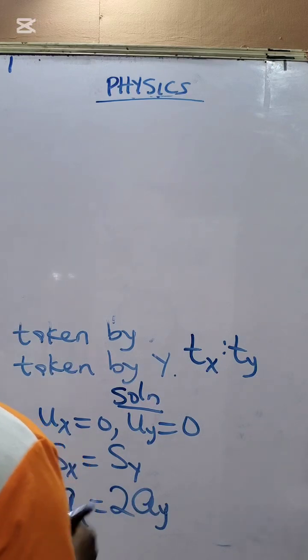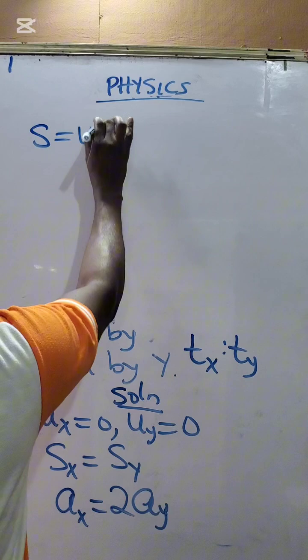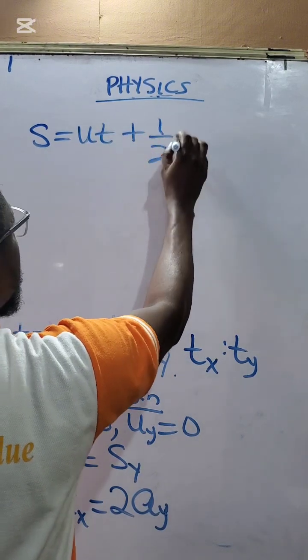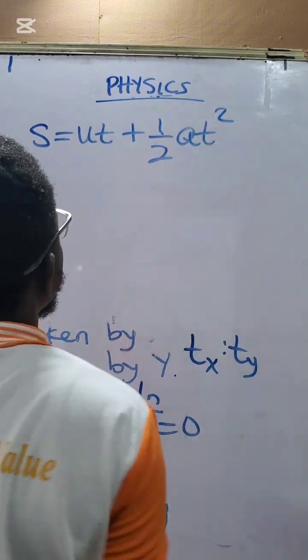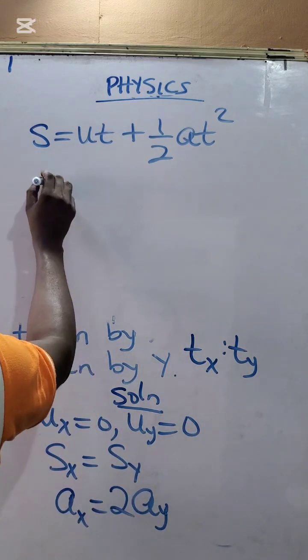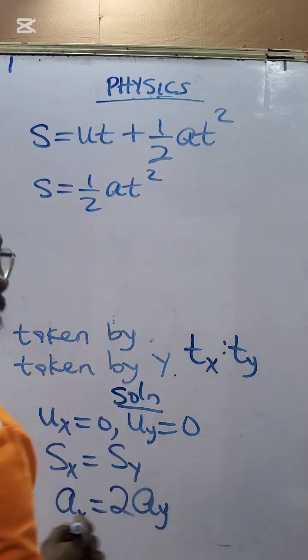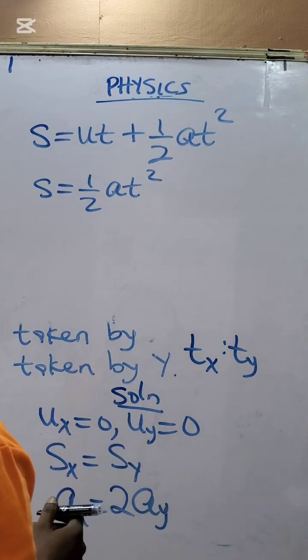S, which is the distance, is UT plus half AT squared. But now U is 0, so this one goes to 0. So I'll get S equal to half AT squared. So now we're looking for time.